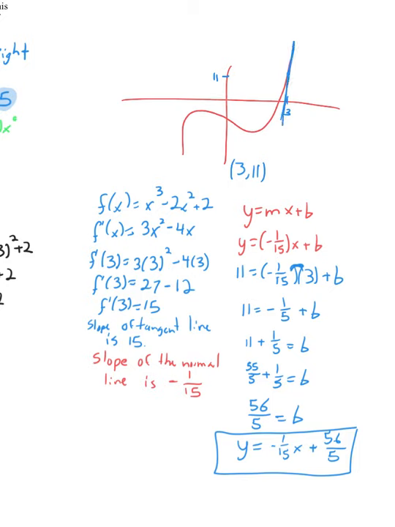Our normal line runs directly perpendicular to that, something like that. So there's our normal line, there's our tangent line. That's what we do for problem 2.